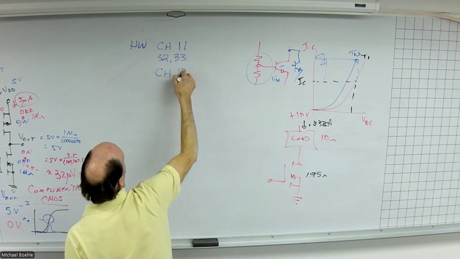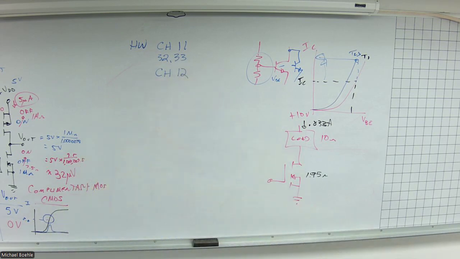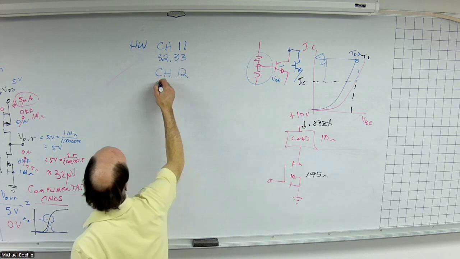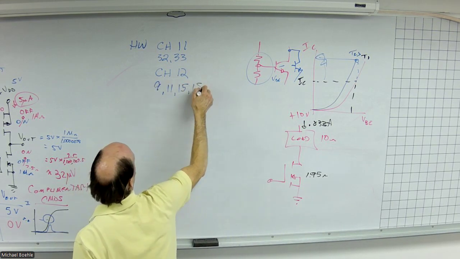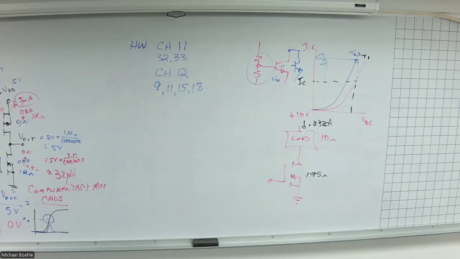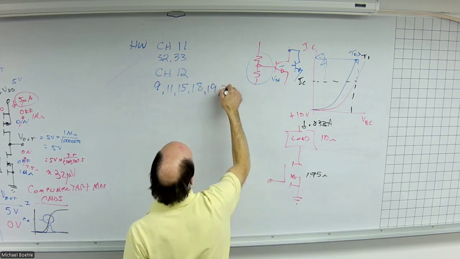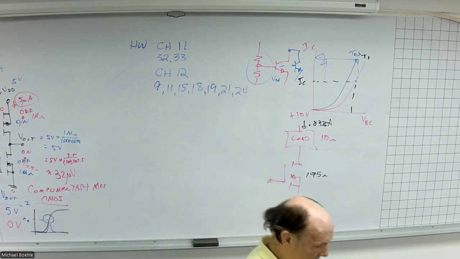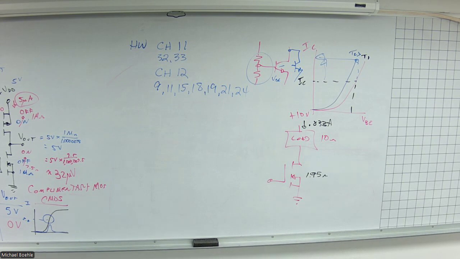And then out of chapter 12, I've got a lot for you. 9, 11, 15, 18, 19, 21, and 24. Seems like I'm missing something, because I have some lower numbers, but oh yeah, the early ones are on depletion mode, which I'm not covering.